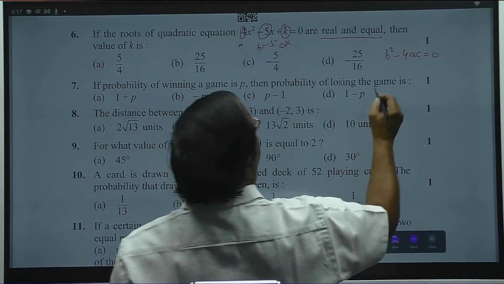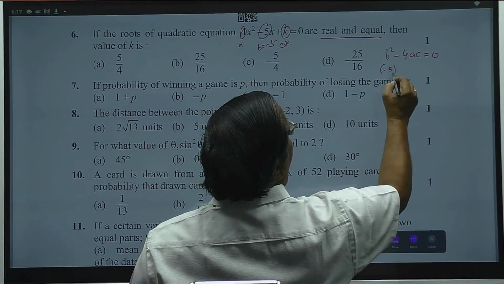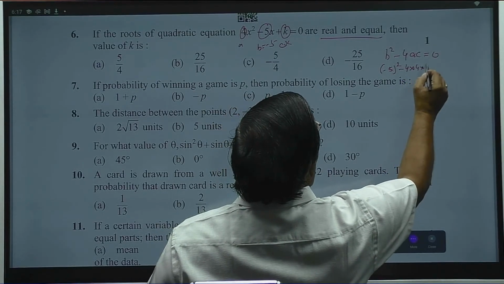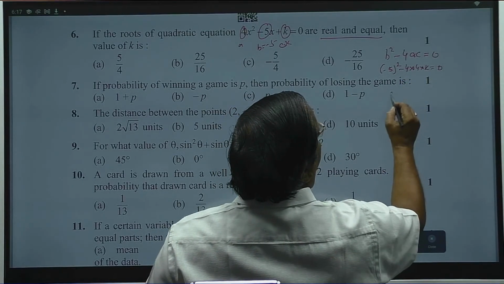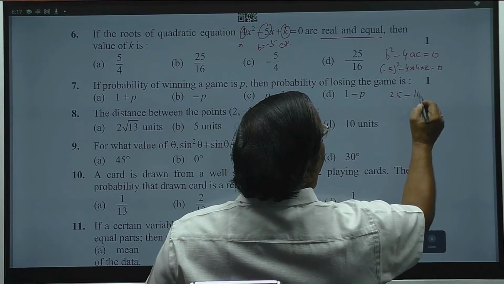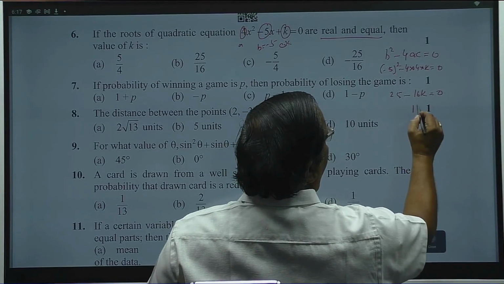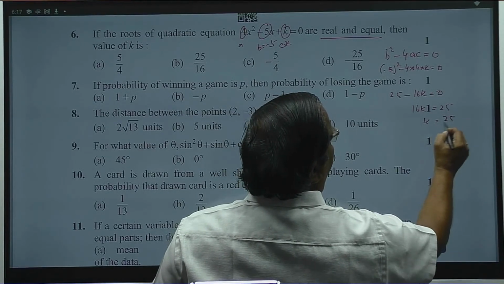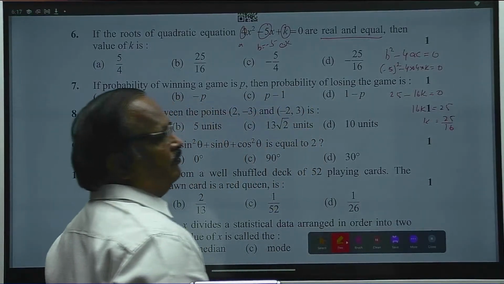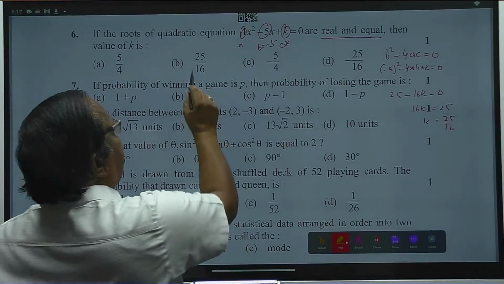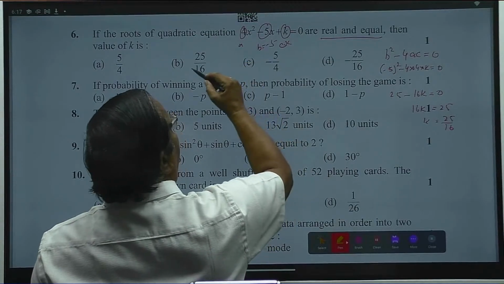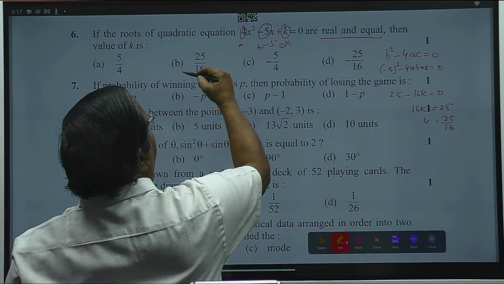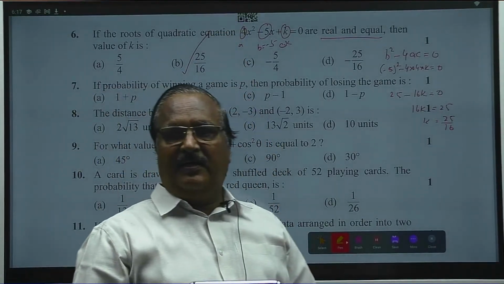So then I will put minus 5 whole square minus 4 into a is 4 into k is equal to 0. So 25 minus 16k is equal to 0. 16k is equal to 25 and k is equal to 25 by 16. So two things are there, this is minus and this is plus. So if you want, you can check it again. So 25 by 16 is the answer.